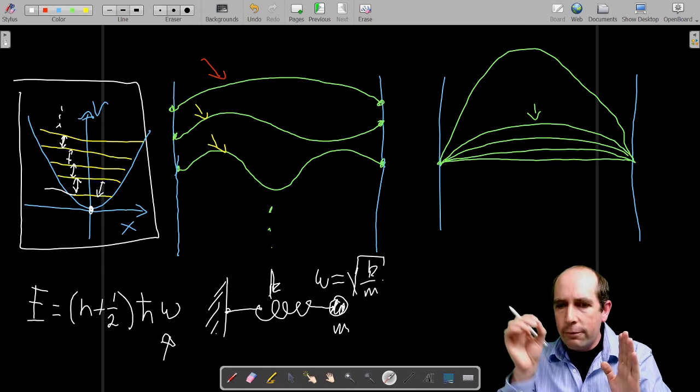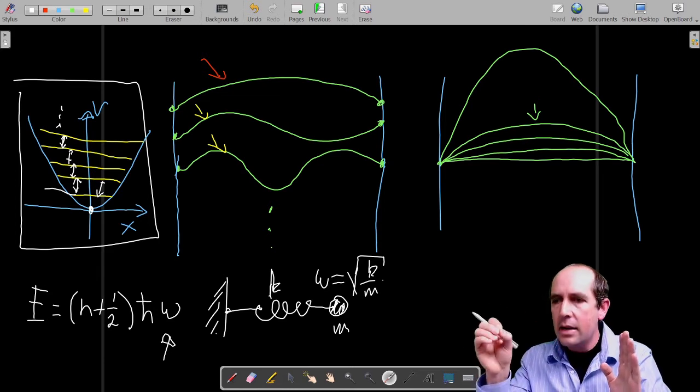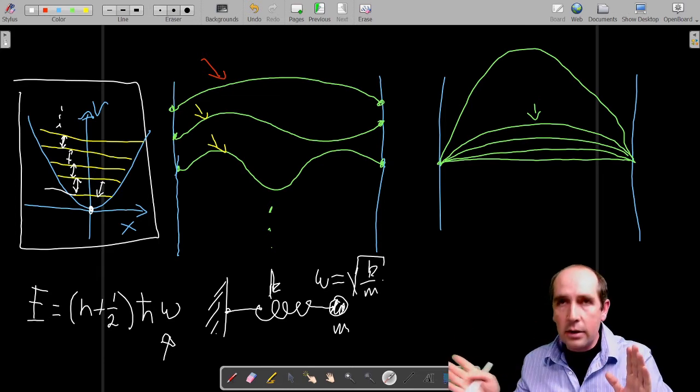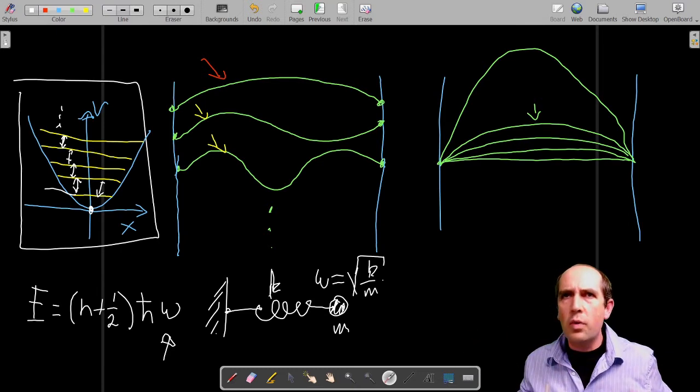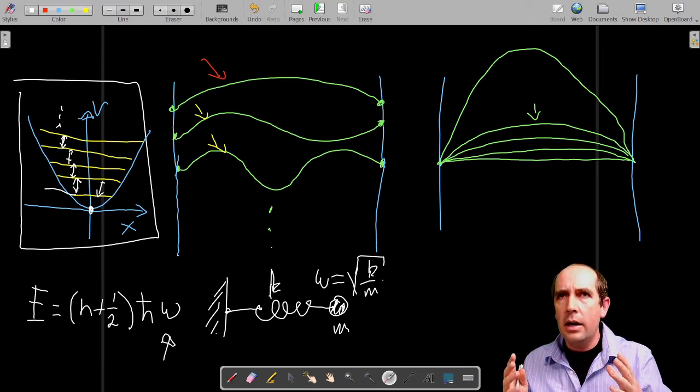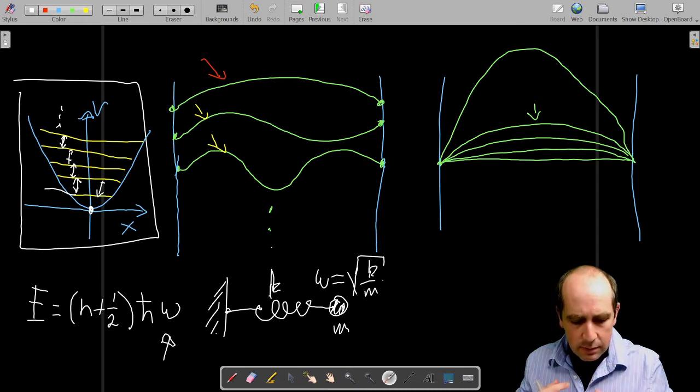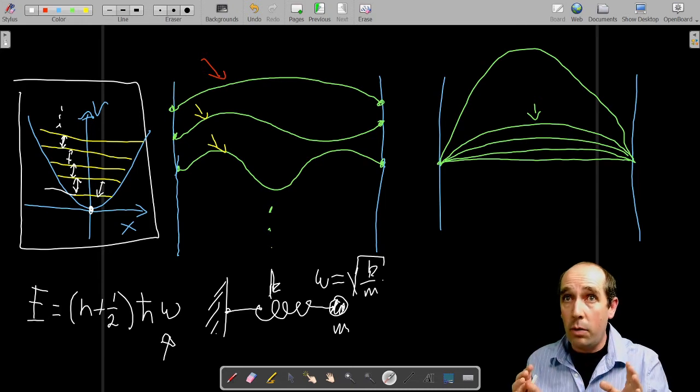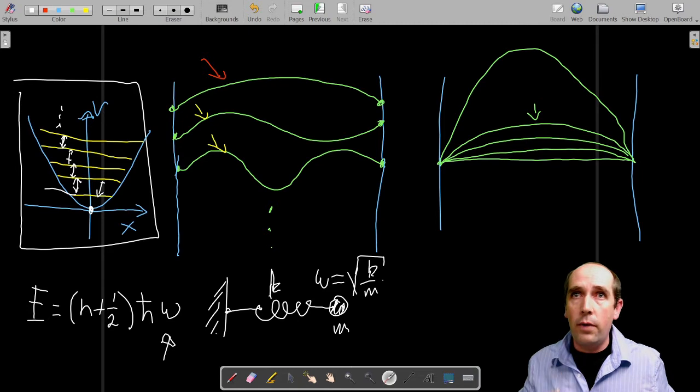I just pull it, find the correct position, pull the mass, leave it there and let it go, and this harmonic oscillator will acquire whichever total energy I want to give it. However, quantum mechanically this is not possible. Only certain amounts of energy are allowed.